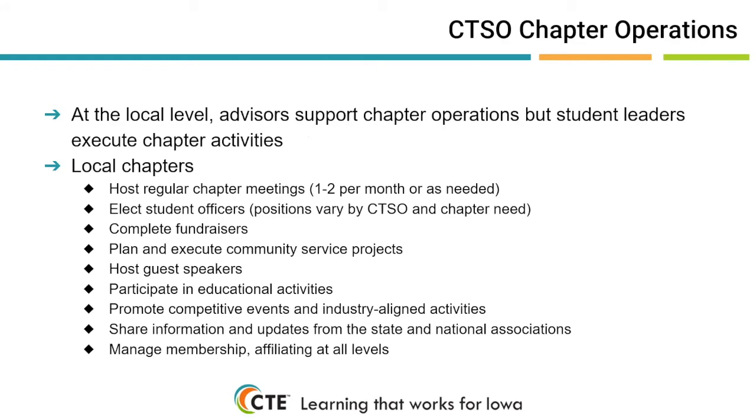Local chapters will also elect student officers, and these are the individuals who are often executing the chapter activities. Student officers will also manage chapter meetings, including agendas and minutes, and make sure that they are sharing appropriate information with all of the students who are involved in the CTSO.